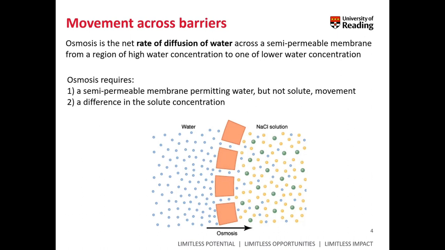of water across it, we can consider water as a substance in itself, right? So when we think about the movement of molecules across plasma membranes, we always think about solutes, such as glucose or ions or proteins or amino acids and whatnot.